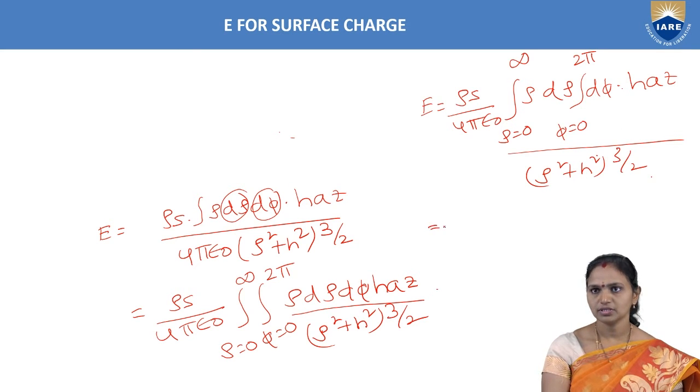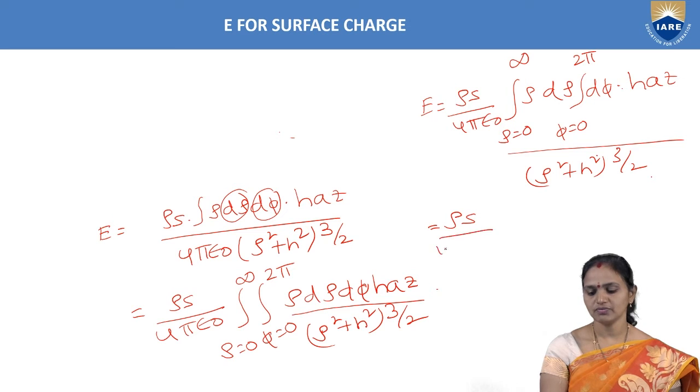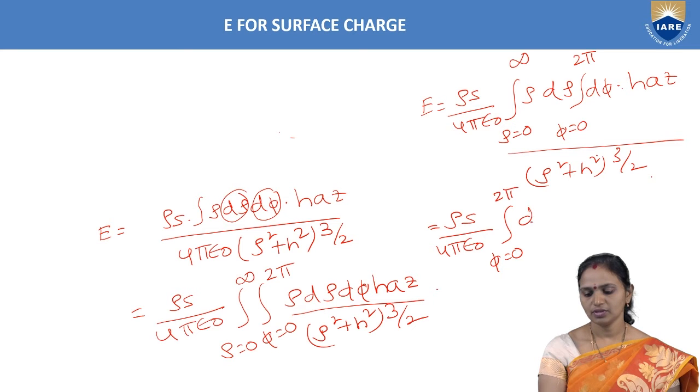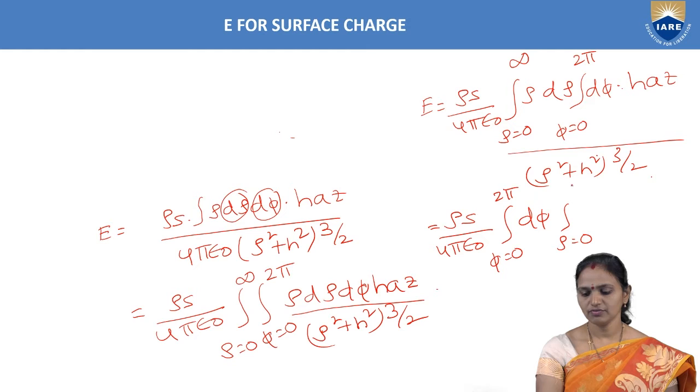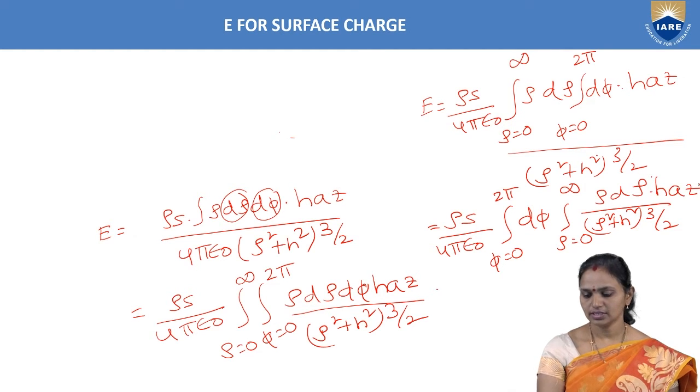So if you simplify, rho s by 4 pi epsilon naught, integral d phi from 0 to 2 pi, rho from 0 to infinite rho d rho divided by rho square plus h square whole to the power of 3 by 2. This is all along z direction.